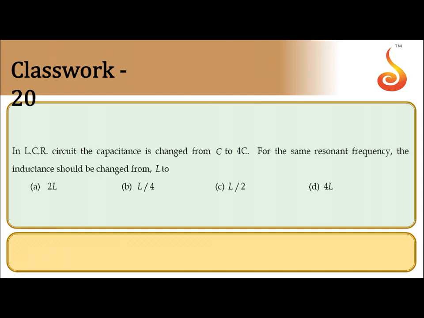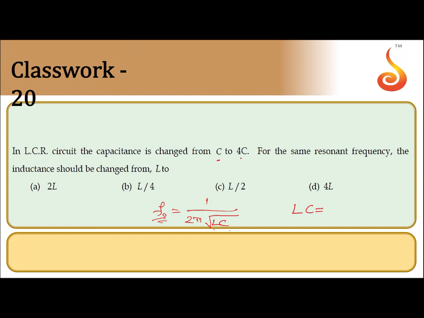In an LCR circuit, the capacitance is changed from C to 4C. For the same resonant frequency, the inductance should be changed from L to. See, resonant frequency is given by 1 by 2 pi root LC. So in order to keep the frequency constant, the product of L and C should be the same.